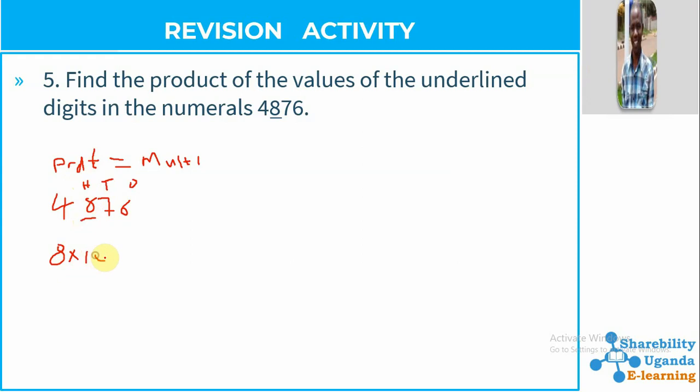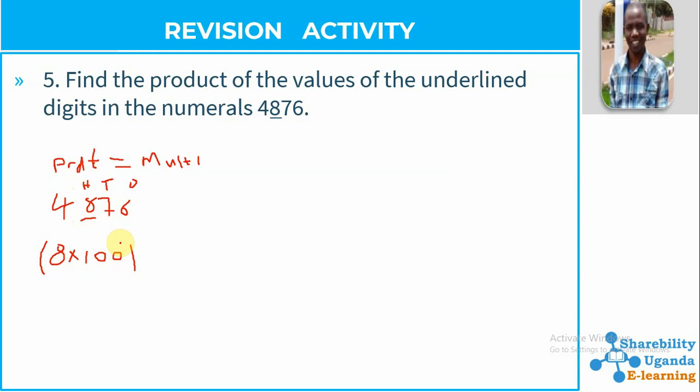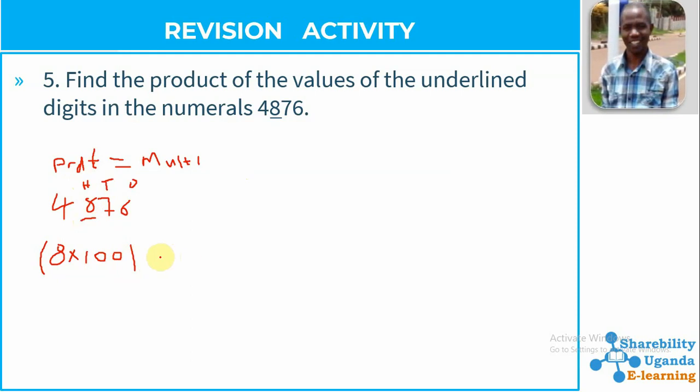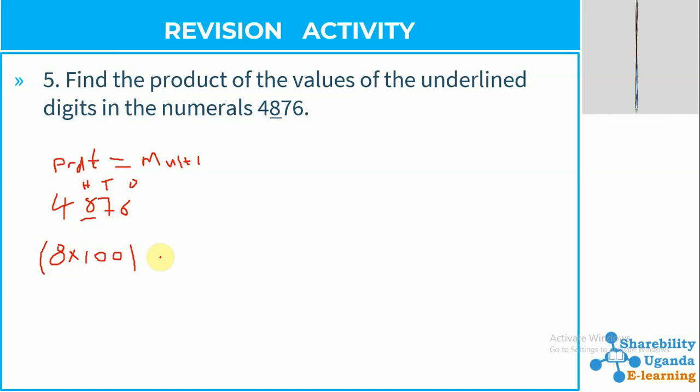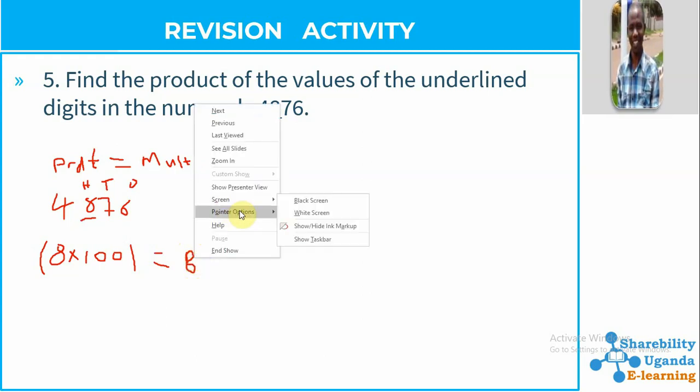So when you multiply it by 100, this simply means a product of our underlined digit.